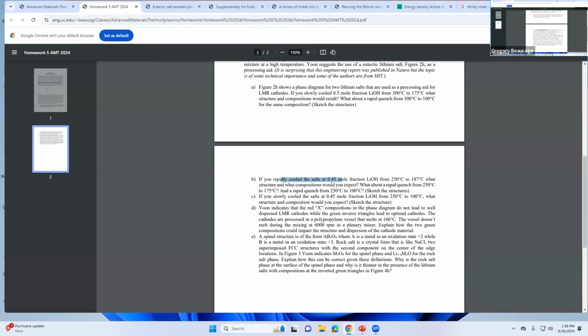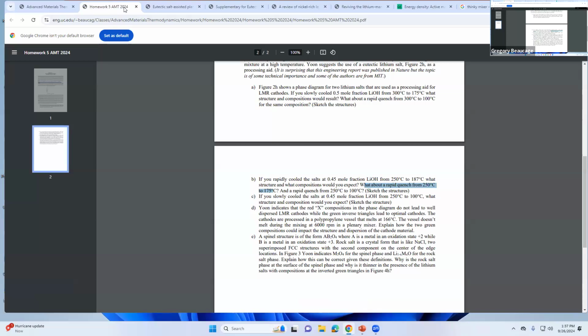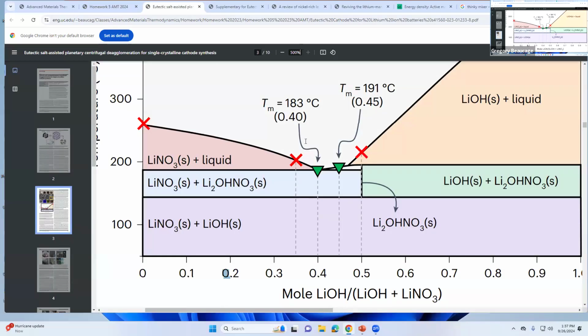Work it out for yourself, because I might say something wrong here. But what about a rapid quench from 250 to 175? If you take that 45% composition and rapid quench to 175, 150 is here, 175 is right in the middle of that.